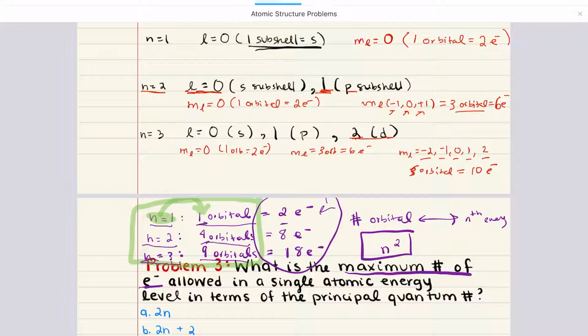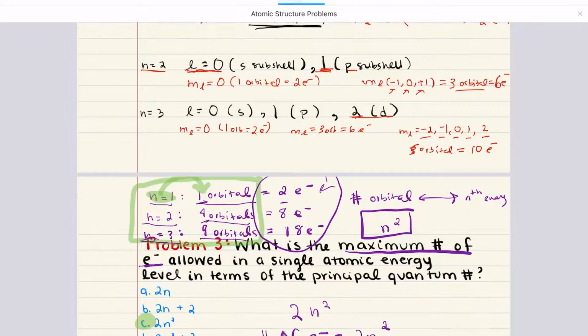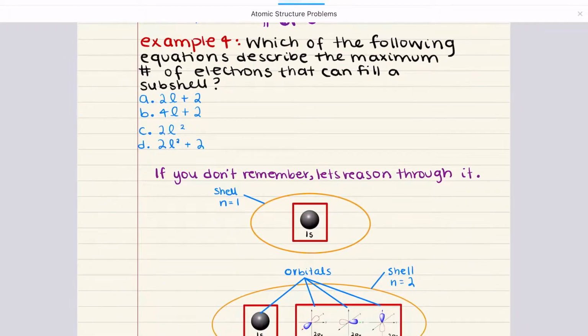And so we can find this new equation by taking n squared and multiplying it by 2, where the 2 accounts for the maximum of 2 electrons that each orbital can house. And so the maximum number of electrons is going to be 2n squared. The answer to problem 3 is going to be C. Now we can move on to problem 4.